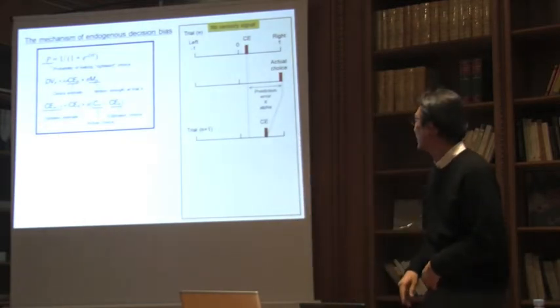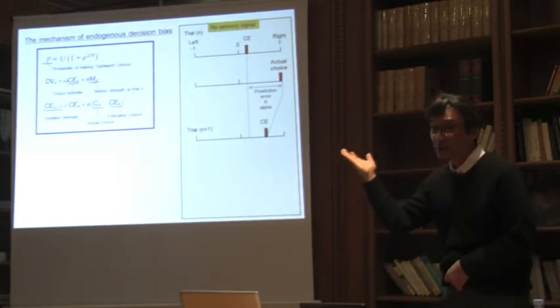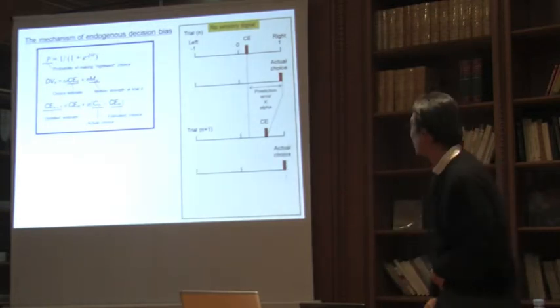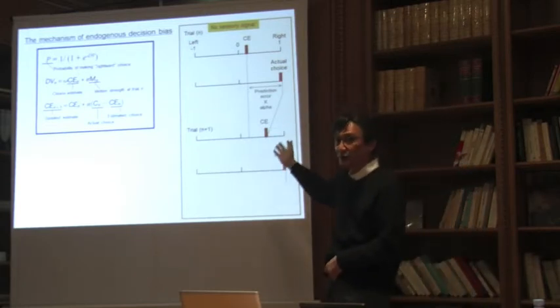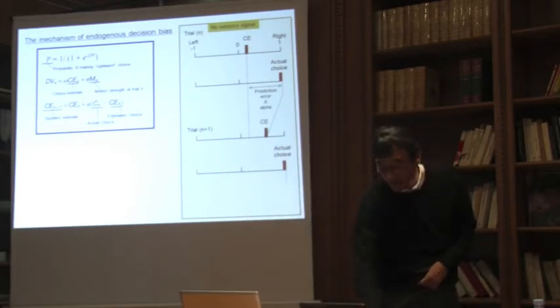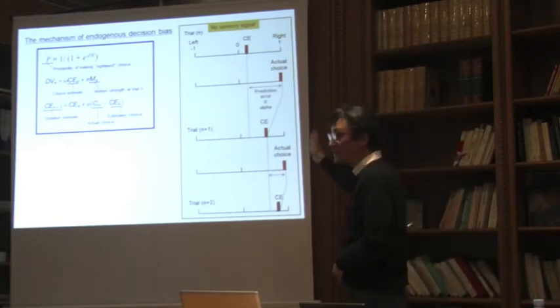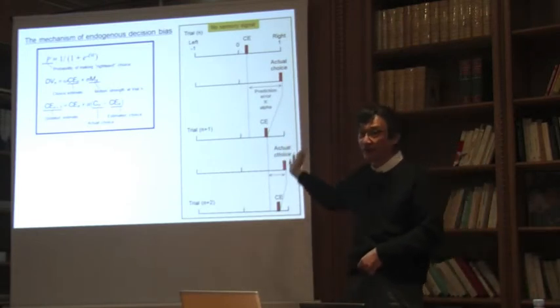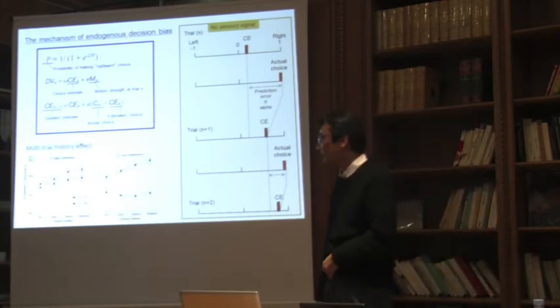On the next trial, if there's no sensory signals, the subject's choice should depend on this updated choice estimate, and the subject makes the same decision. If you repeat the same thing over and over again, there's a higher tendency that the subjects repeat the same thing over and over. And that's actually the case.